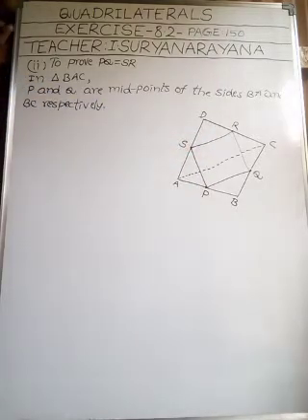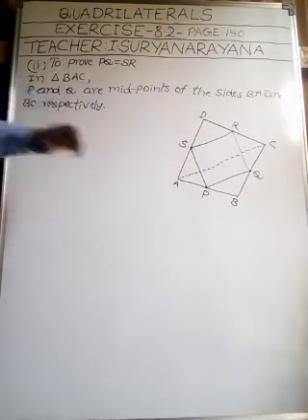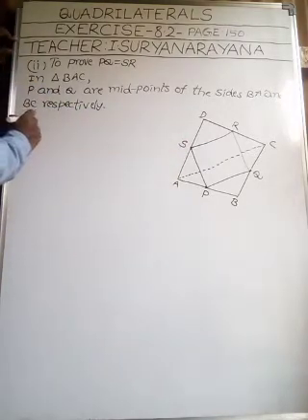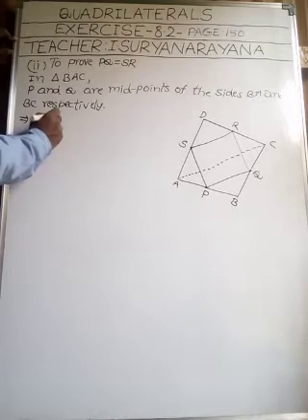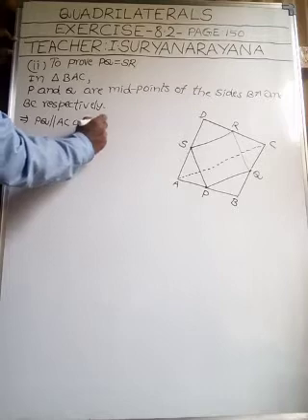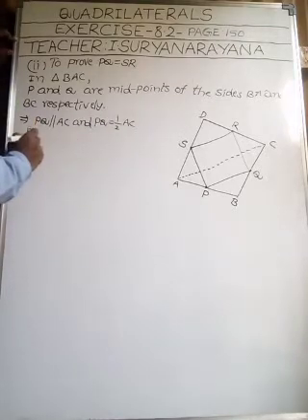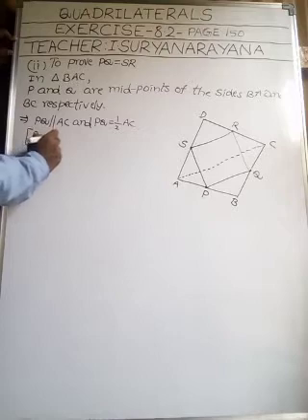Then what can you say about PQ? PQ is parallel to AC. This implies PQ is parallel to AC and PQ is equal to half of AC by midpoint theorem.